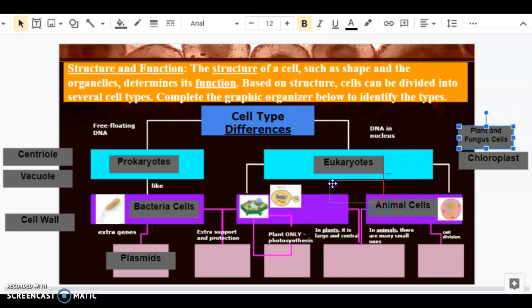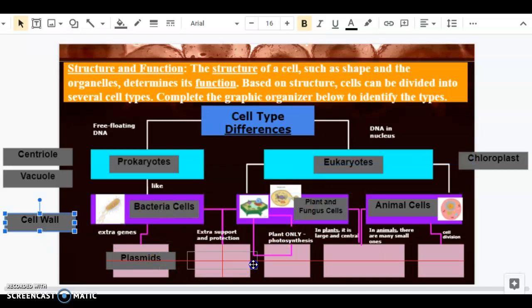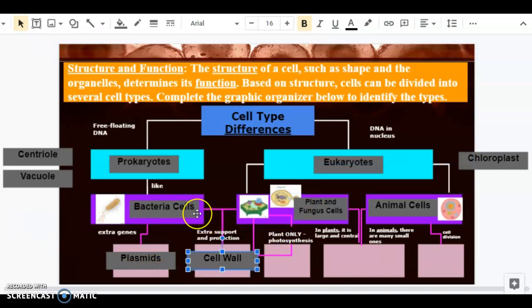And the reason that these are separated is because plant and fungus have a couple of things that animal cells do not. The first is a cell wall, which is something that prokaryotic cells also have. So bacteria, plant, and fungus all have cell walls. Animal cells do not.